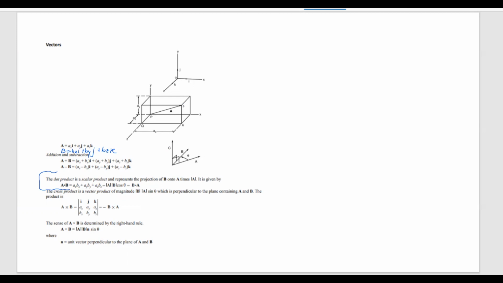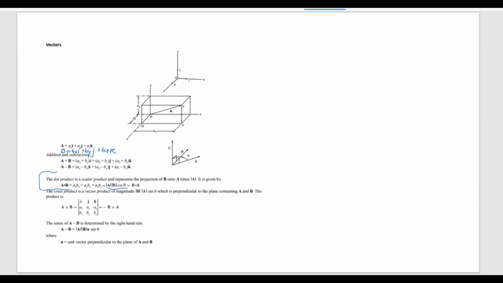At the same time, the dot product has this formula where you multiply the magnitude of A times the magnitude of B times cosine of theta, and theta is the angle between the two vectors.